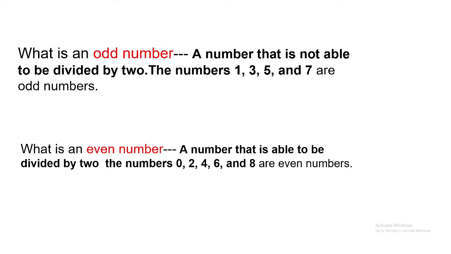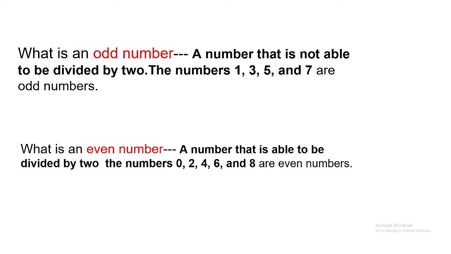An even number is a number that is able to be divided by 2, like 2, 0, 4, 6, 8. These numbers don't have any remainder.